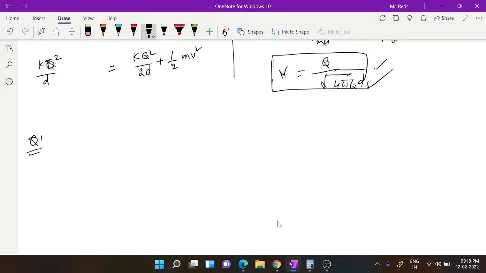Okay. A particle of mass m carrying a charge minus q1 is moving around a fixed charge plus q2 along a circular path of radius r. Then find the time period of revolution of q1. So what did you understand from this?